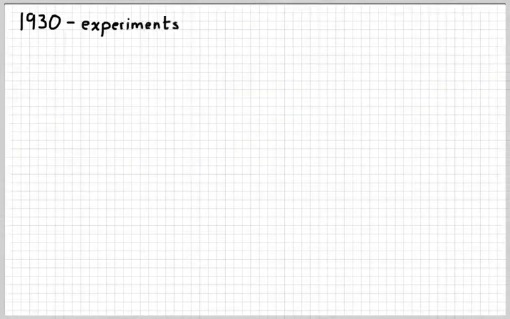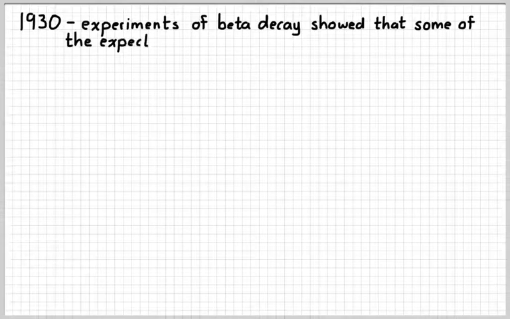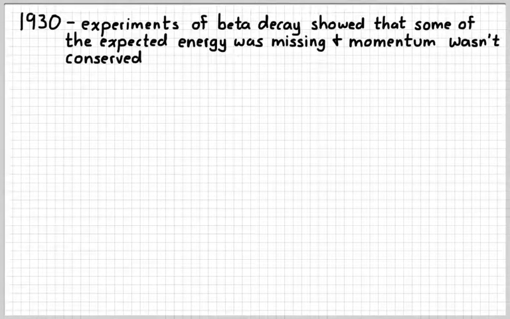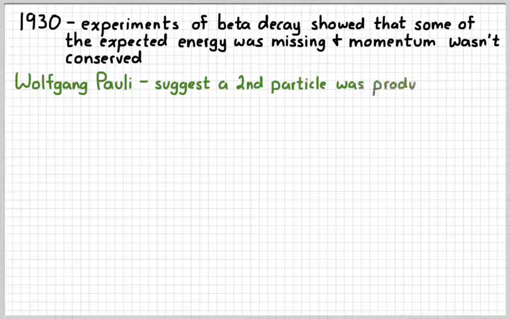In the year 1930, people were doing careful experiments with beta decay, and they noticed that some of the energy they were expecting to show up was missing. They also noticed that momentum wasn't being conserved. So something was missing. A physicist by the name of Wolfgang Pauli suggested that there was another particle being created during beta decay.